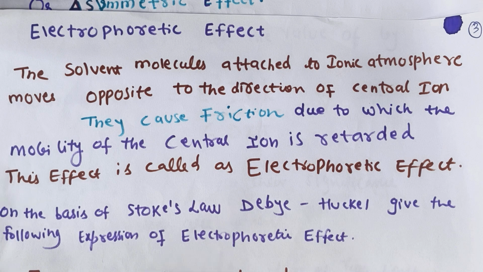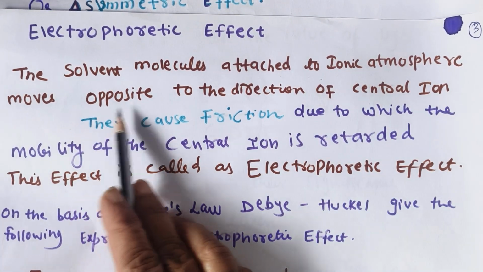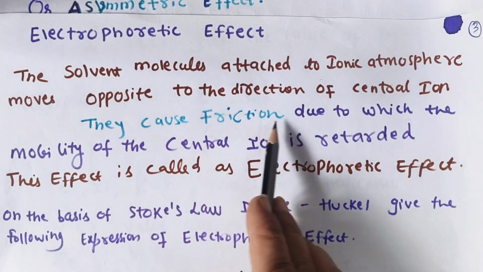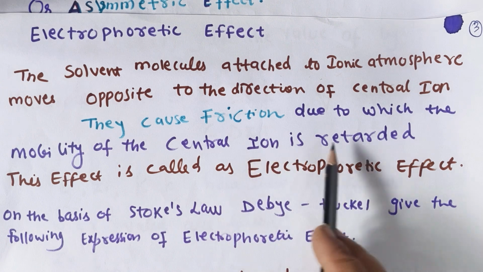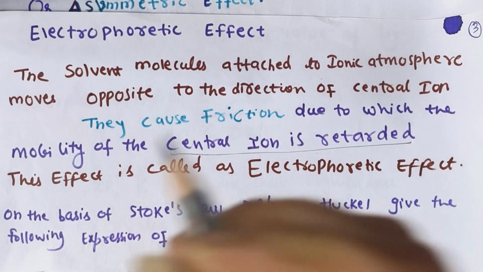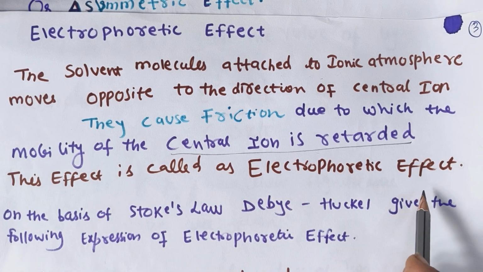The solvent molecules attached to the ionic atmosphere move opposite to the direction of the central ion. They cause friction, due to which the mobility of the central ion is retarded. So with both effects, the relaxation effect as well as the electrophoretic effect, the mobility of the ions is retarded.